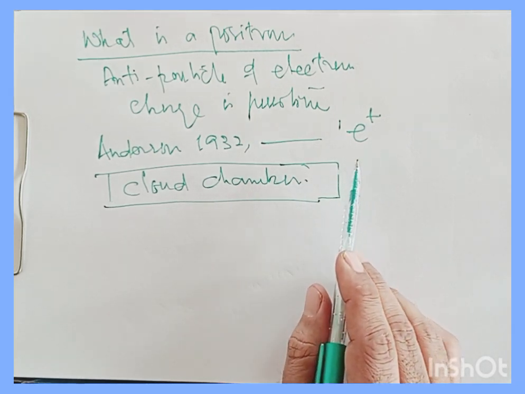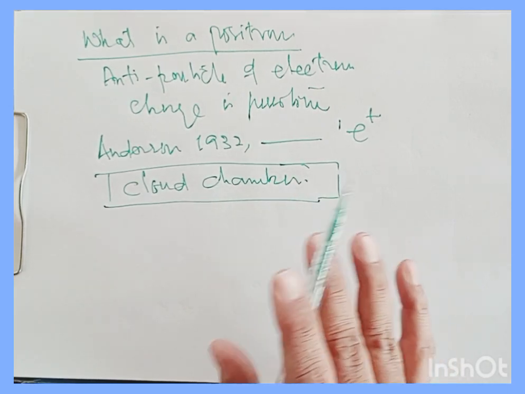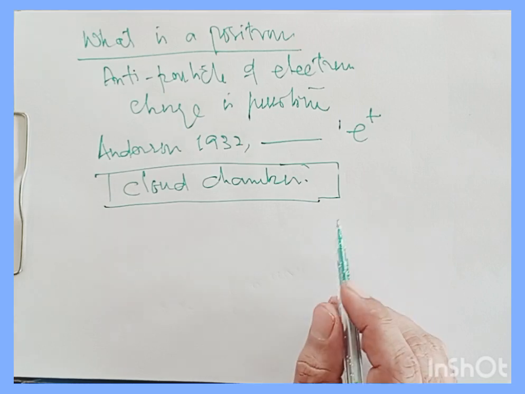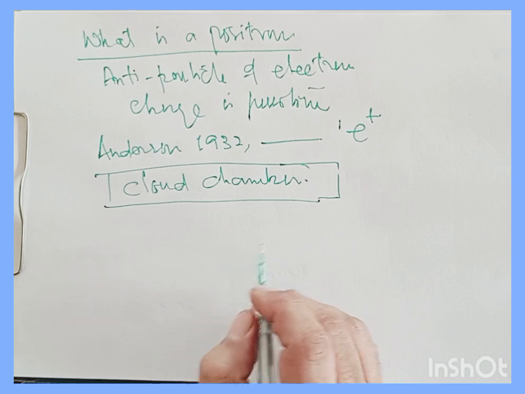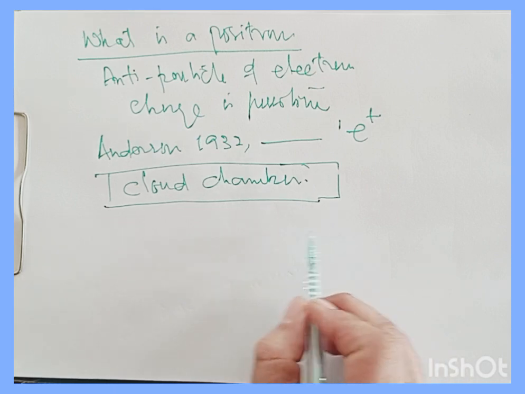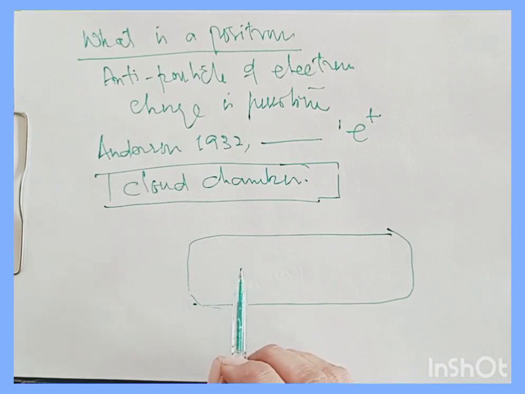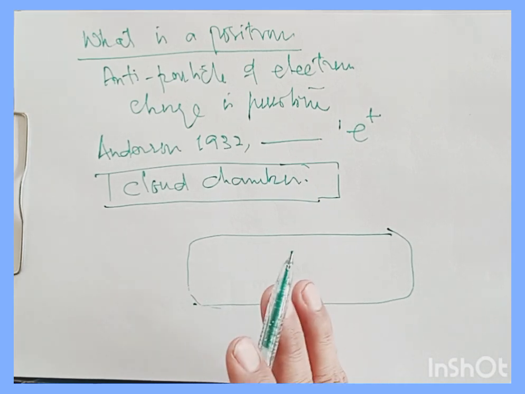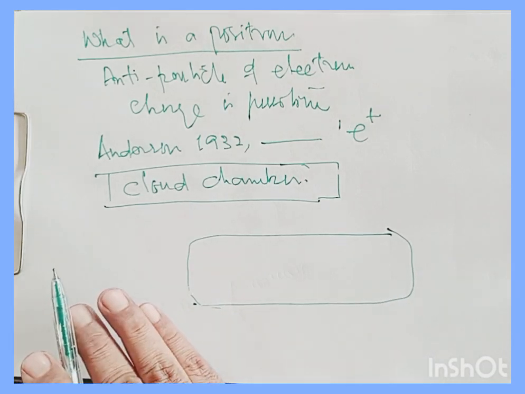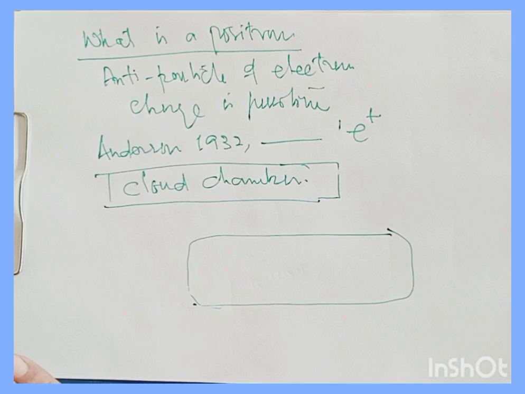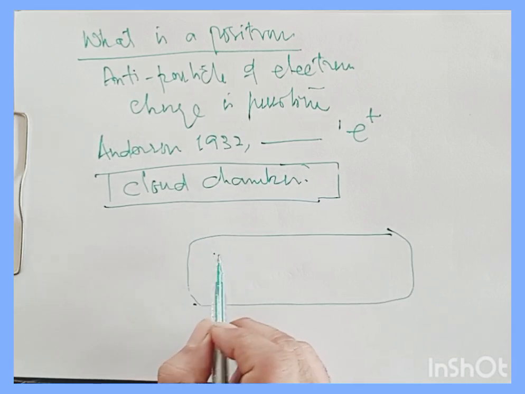Now, this penetrating radiation produces high speed electrons. If we have cosmic radiation, we have high speed electrons. If I assume that this is a chamber, and the radiation passes through this chamber, the path of these electrons is observed.